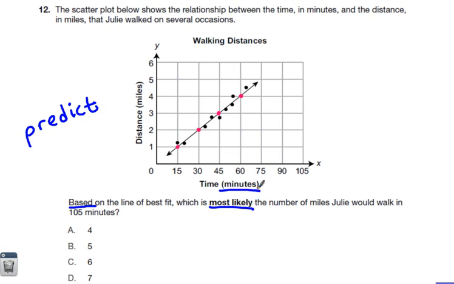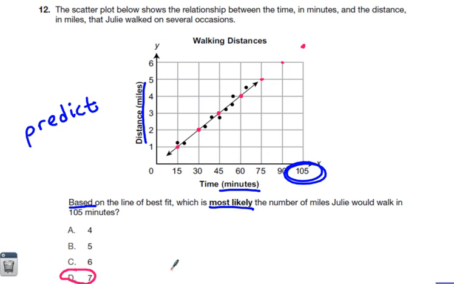So we have minutes here, we have miles here, and so we're talking about 105 minutes, and, well, I would say based on these nice dots, if you kept that going, bam, bam, and if you continued this line in that direction, you would get another nice intersection right there, which I think you can see is going to be exactly 7.